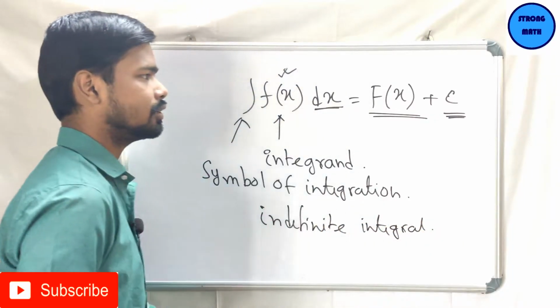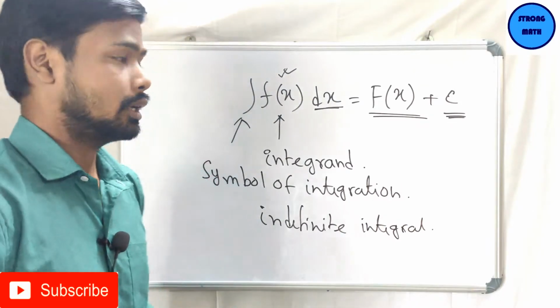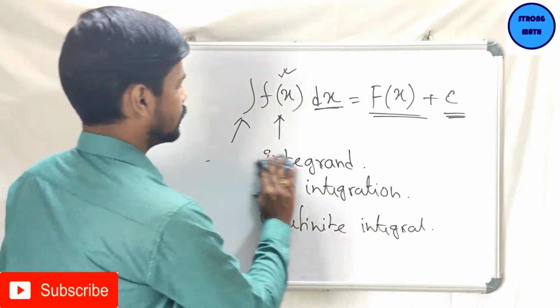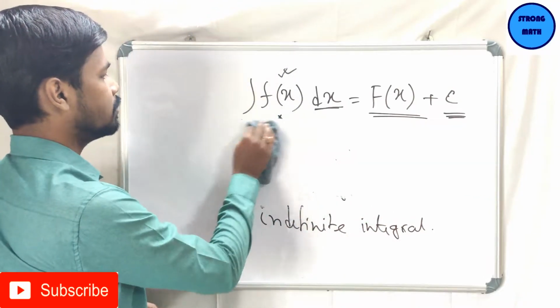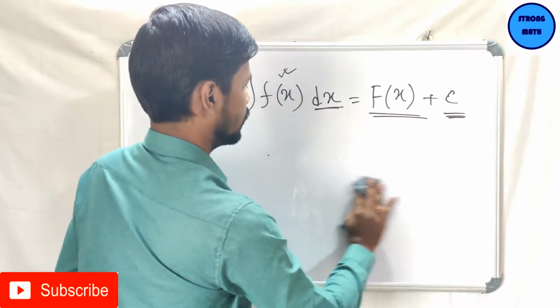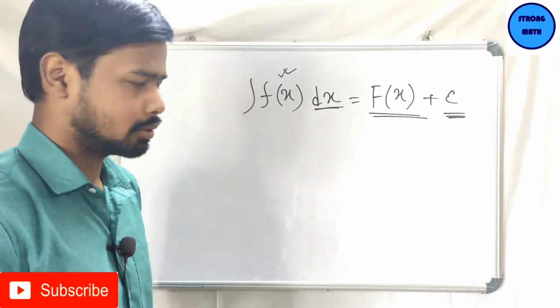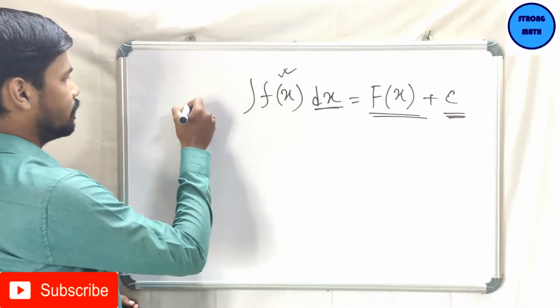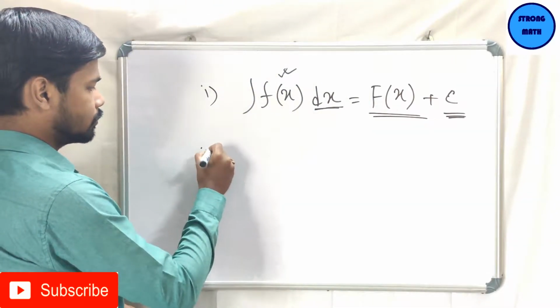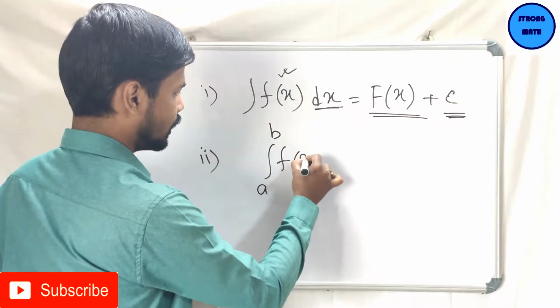For definite integrals we don't use the integrating constant. The structure of definite integral is that there must be two limits, upper limit and lower limit, and for indefinite integral we don't use those limits. Suppose this is indefinite integral, and for definite integral we write integration a to b f(x) dx.